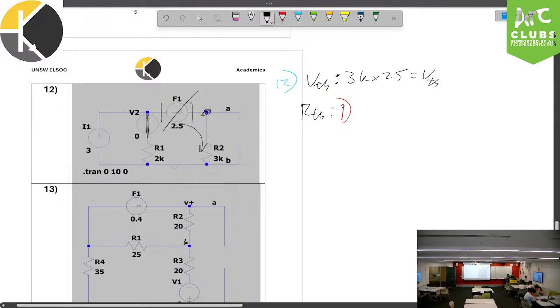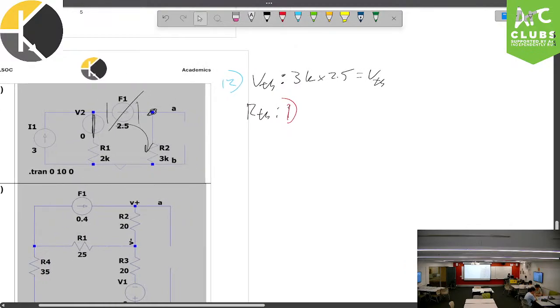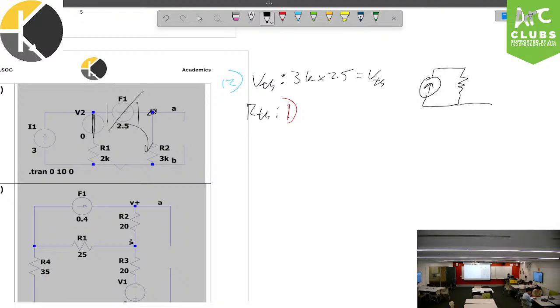But when you redraw this circuit, it actually just turns into source, resistor, and then a source, resistor, right? And so we really know almost everything we need to know about this circuit already.